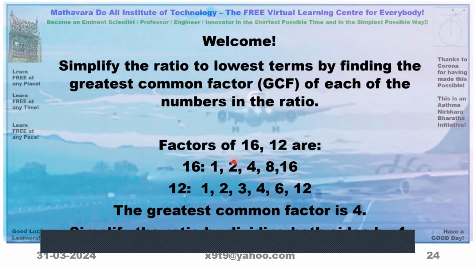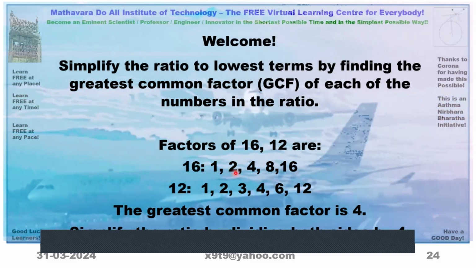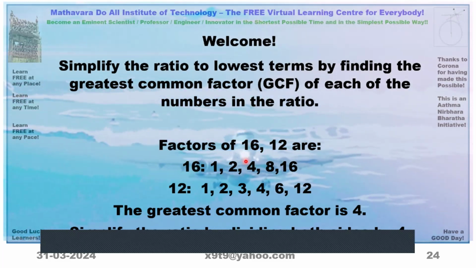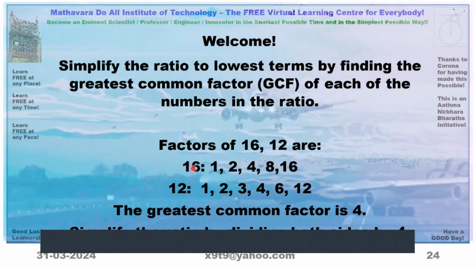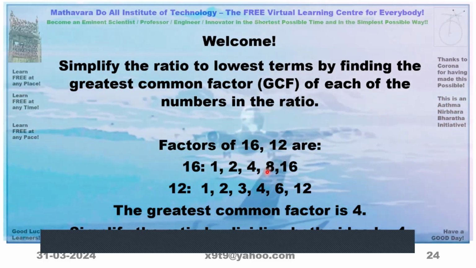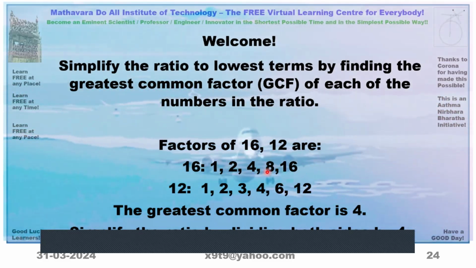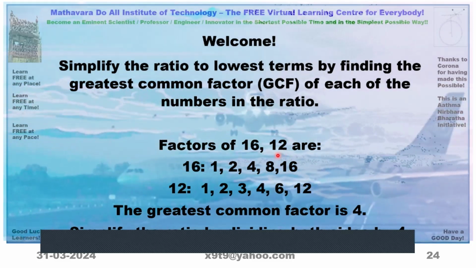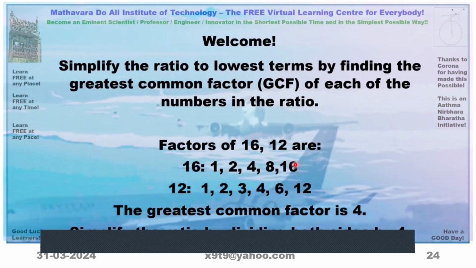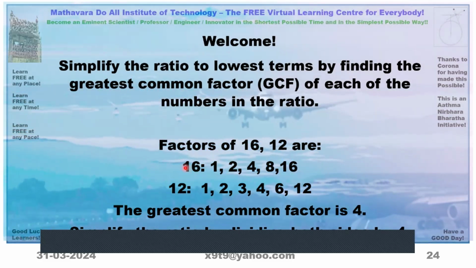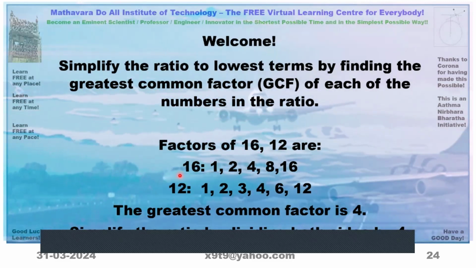We can divide by 2, it will be 8 times. We can't divide by 3 because it won't go completely. 4 into 4 will be 16. Then 8 into 2, or 16 into 1. So these are the factors of 16 using whole numbers.